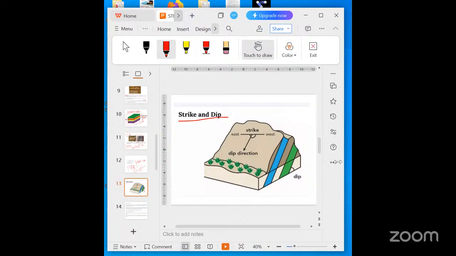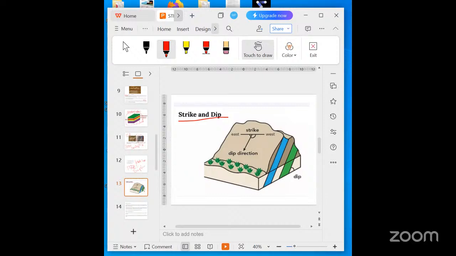The strike and dip define the disposition of the structures with respect to a horizontal plane, and both together provide a more accurate structural description than strike alone, right?